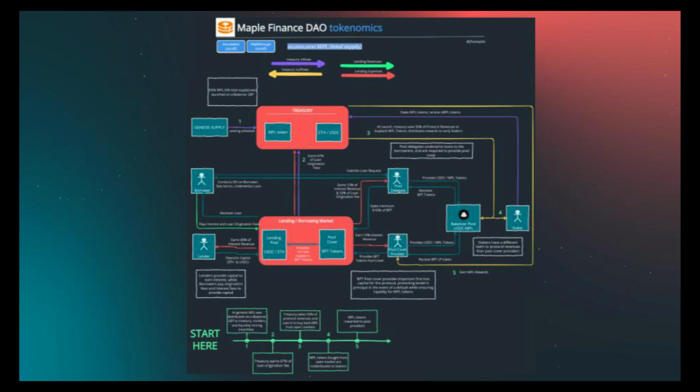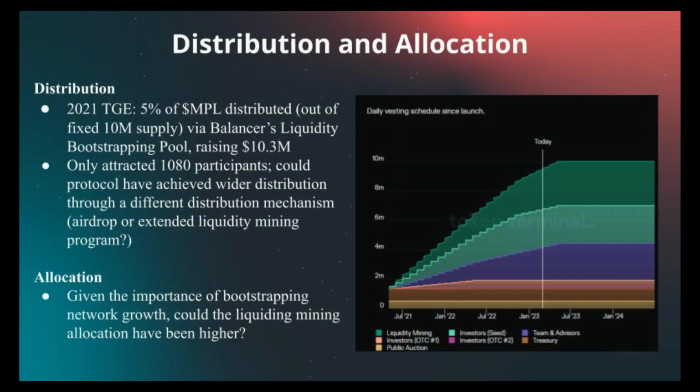And otherwise, I think, John, keep going in your presentation. I think it's very good. Yeah, so the next portion, I think probably the most important step for any project, is to think about their go-to-market strategy when it comes to the token genesis event.